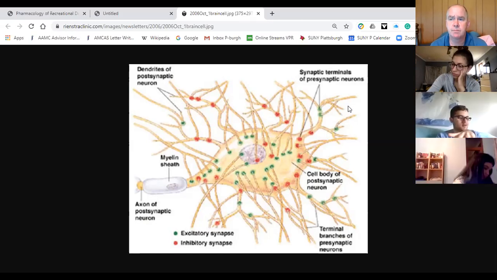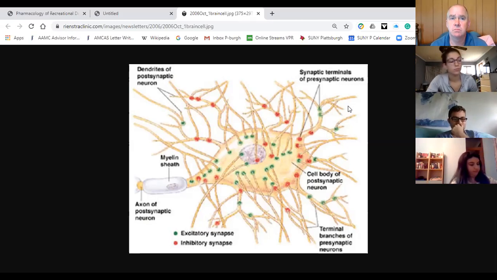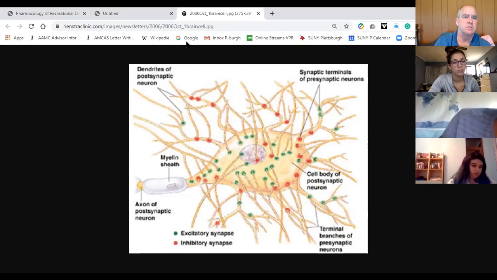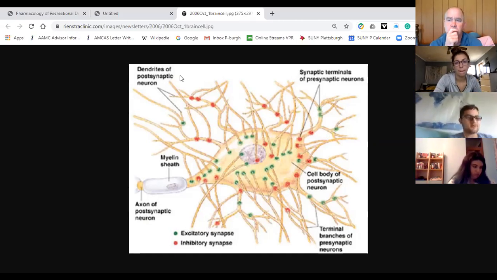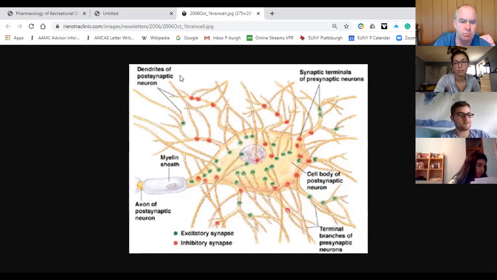Like I understand the overall function, but I don't know how it affects the synapses. Mm-hmm. Okay. So more in detail about the actual function once the sodium enters or the chloride enters and the potassium leaves.